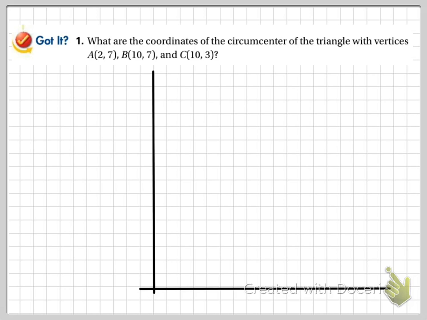Okay, what are the coordinates of the circumcenter of the triangle with vertices A, B, and C? So I'm going to put these on the graph first. 1, 2, and 1, 2, 3, 4, 5, 6, 7. There's A. B is at 10, 7.